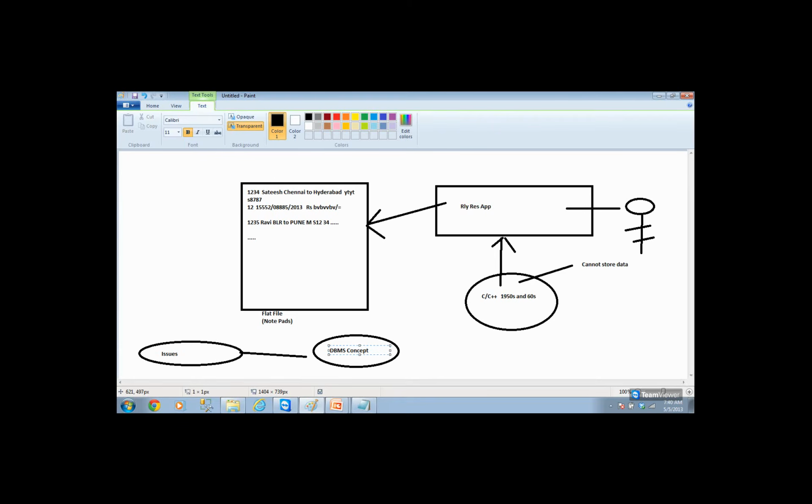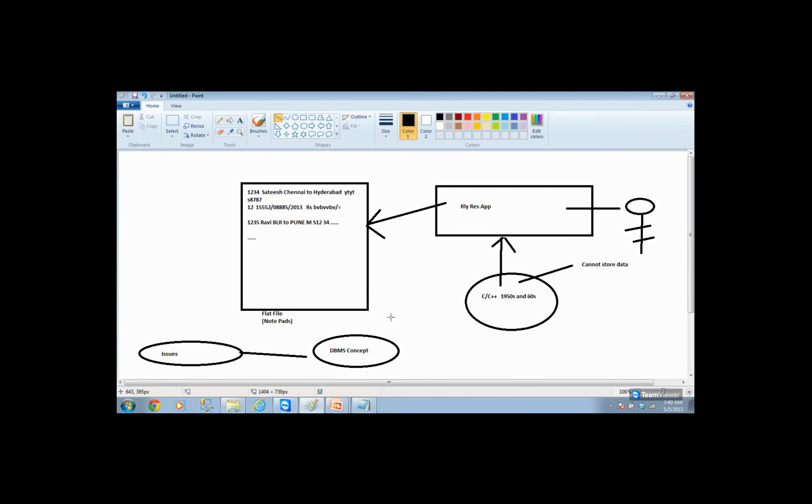Now, the DBMS concept always tells how you can store data and how you can retrieve data. That is the complete purpose of a DBMS concept. DBMS stands for database management concept. Afterwards, a few types of DBMS came into existence.